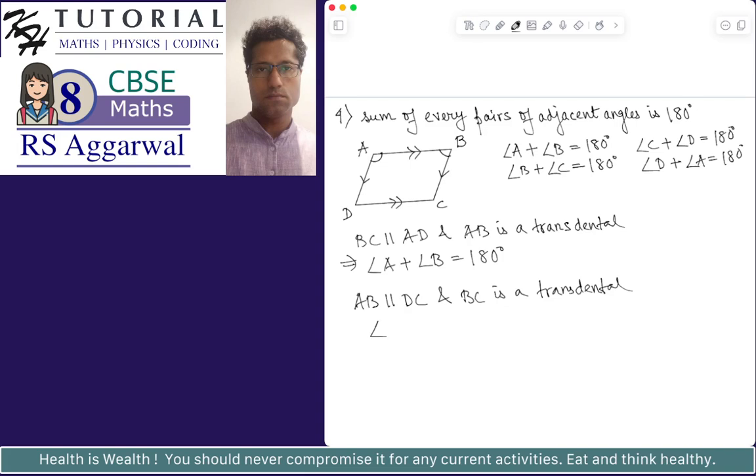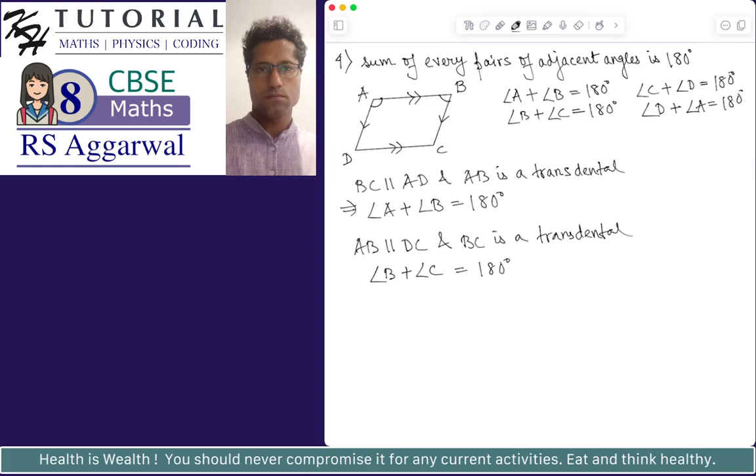So angle B and angle C are interior angles on the same side of the transversal BC. So their sum must be equal to 180 degrees.